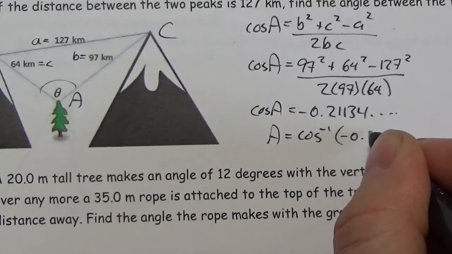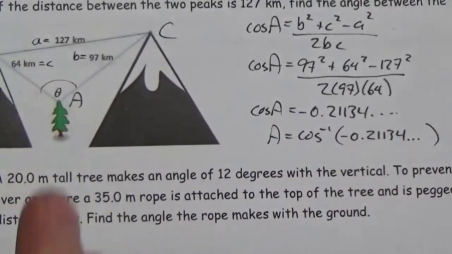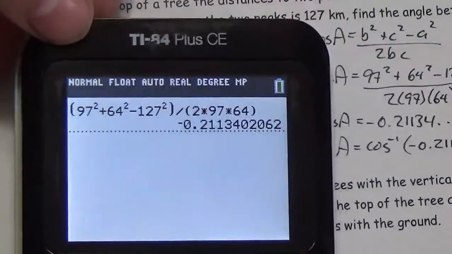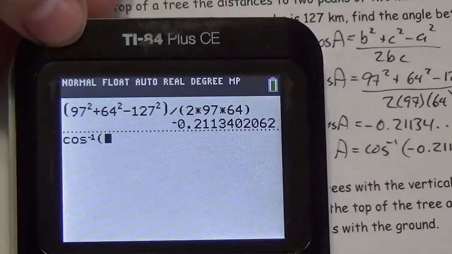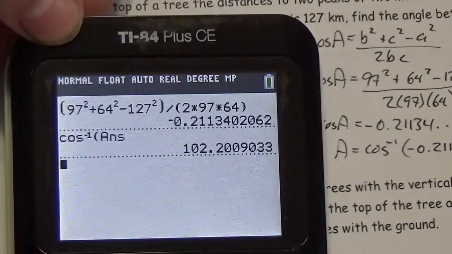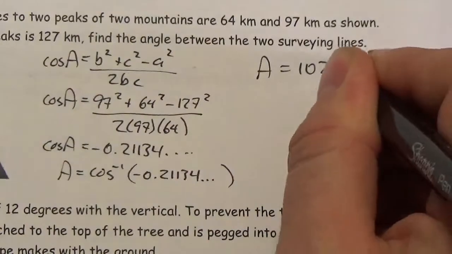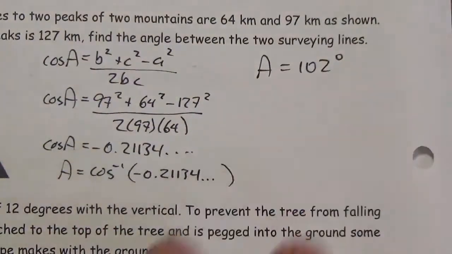So leave it in. So negative 0.21134 and so on. And now I go to my calculator, and it'll be the inverse cosine of that answer. I get 102 degrees. So my angle A here is 102 degrees. That's all you've got to do.